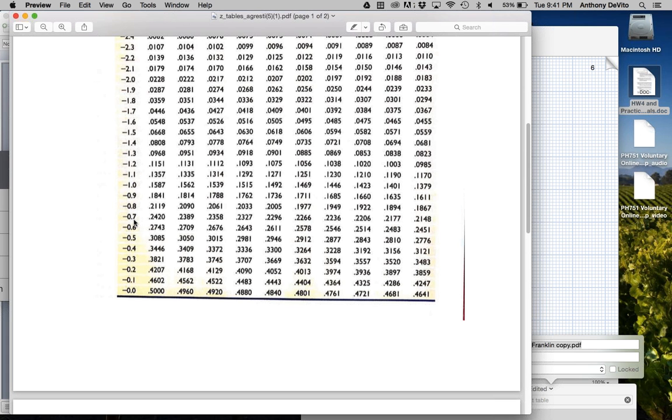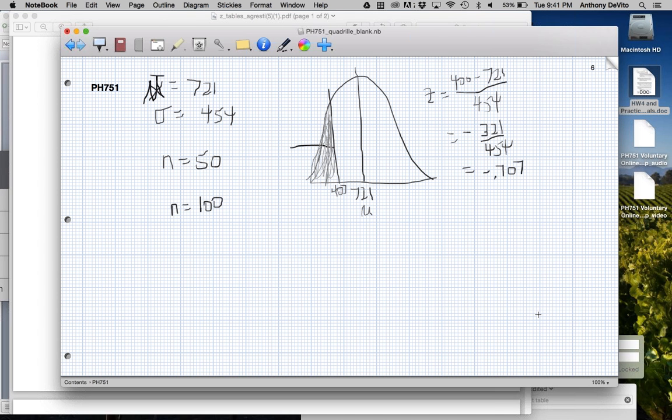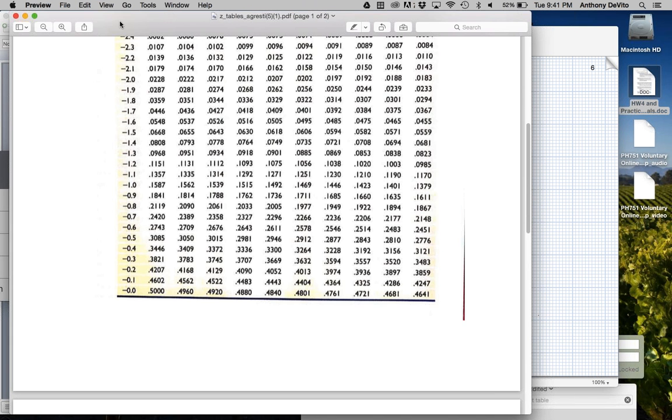The closest I can get from this table is 23.89%, 0.2389. Okay, good.